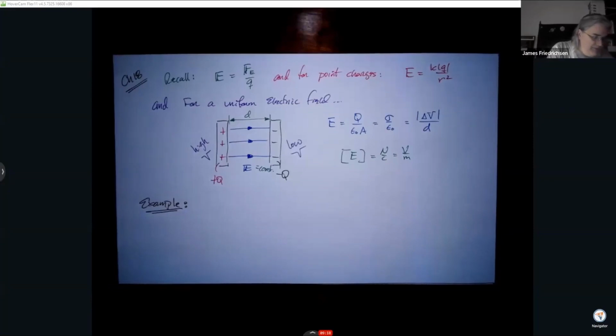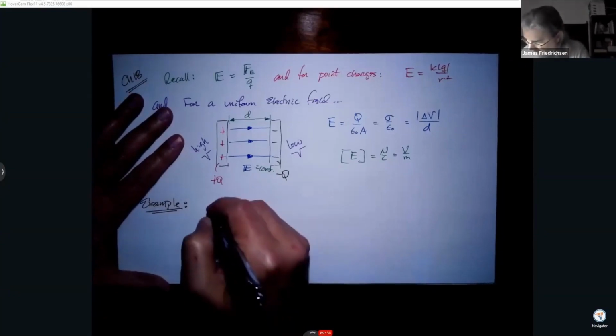They are separated by 45.0 millimeters, and the potential difference between them is 360 volts. What is the magnitude of the electric field, assumed to be uniform, in the region between the plates? And what is the magnitude of the force that this field exerts on a particle with a charge of plus 2.40 nanocoulombs?